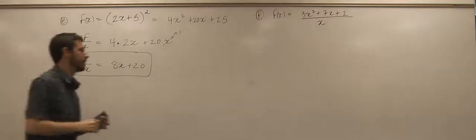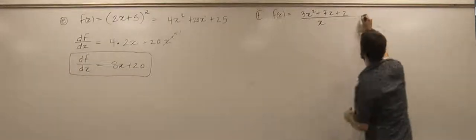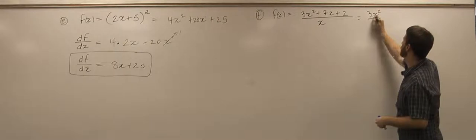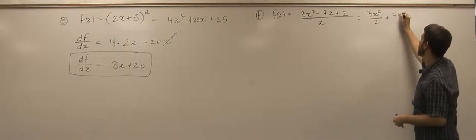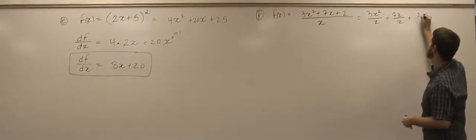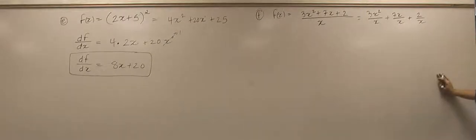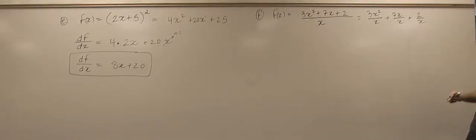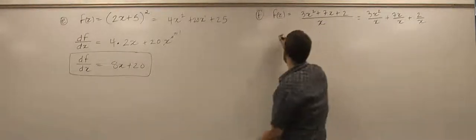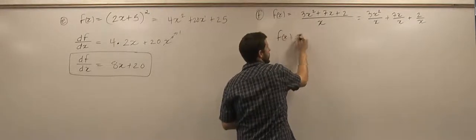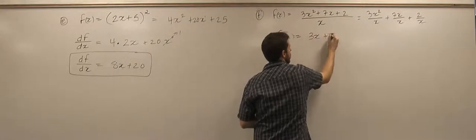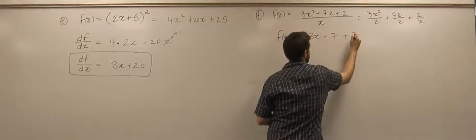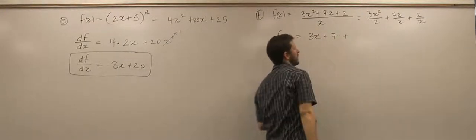So this is equivalent to 3x squared over x plus 7x over x plus 2 over x. And then each of these reduces a little bit, except this. So my function becomes 3x plus 7 plus 2 over x.